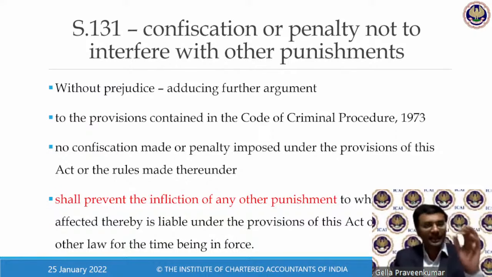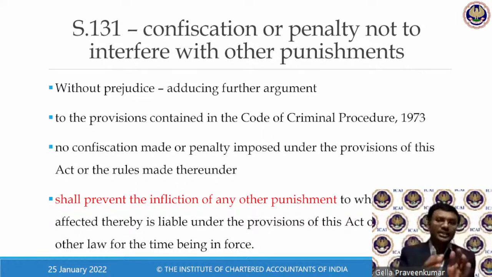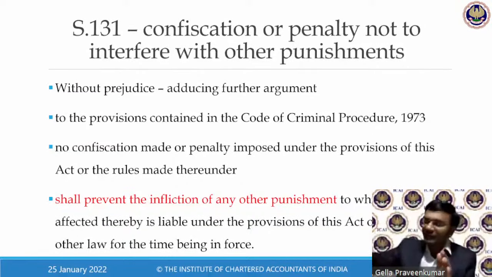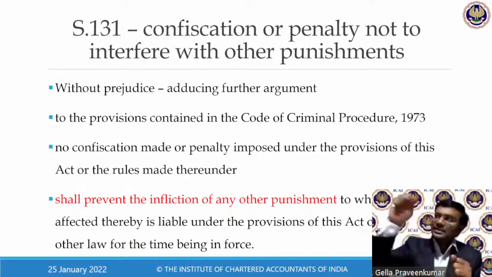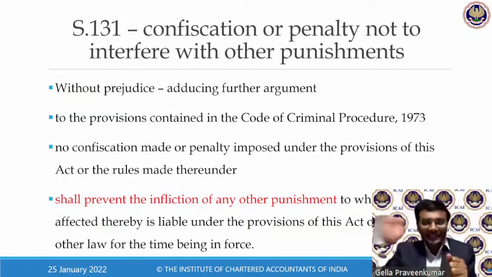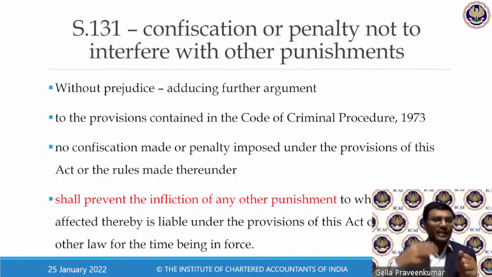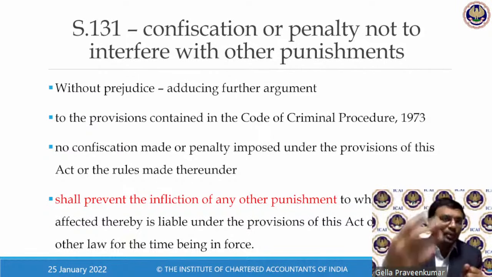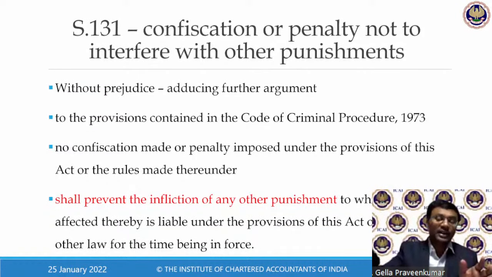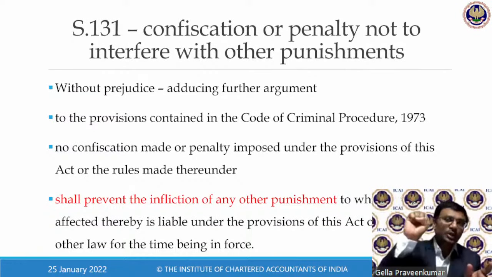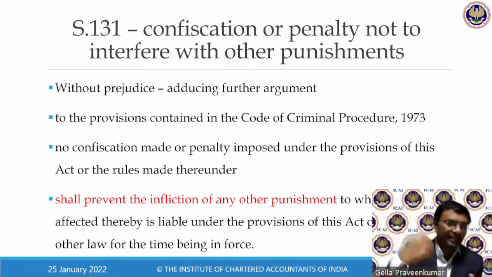I repeat, this section 131 says that confiscation or penalty is not to interfere with other punishments. So whenever I have done a confiscation, a punishment which was given under customs law doesn't prevent me from imposing a penalty under section 131. A crime which was punished under customs law doesn't take away my authority to punish again under GST law.